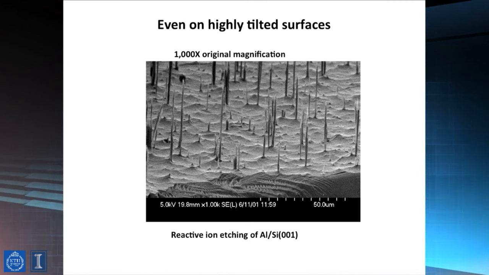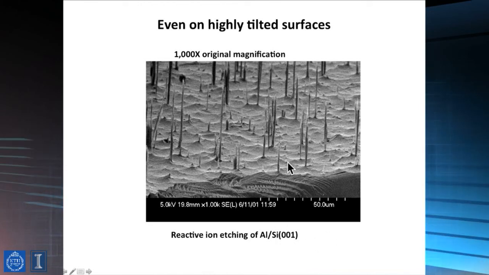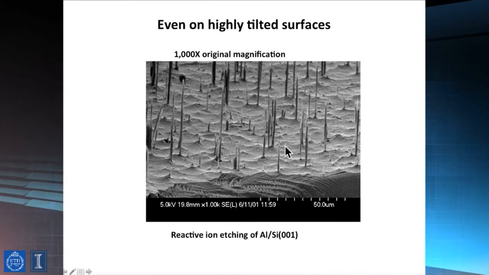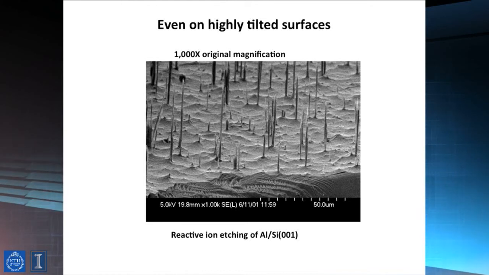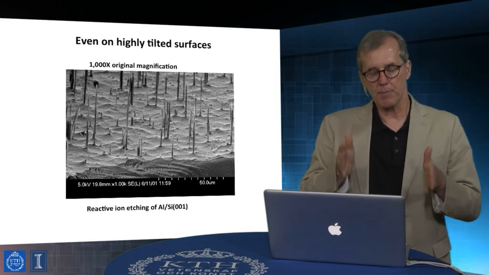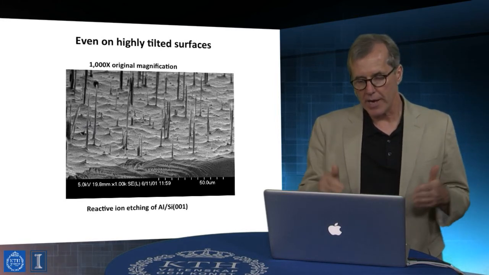This is a sample that has been eroded by reactive ion beam etching, and it turned out that this sample had dilute aluminum impurities on it. It's a silicon 100 single crystal, which has been eroded by reactive ion beam etching. It's an ion-based method for chemically gasifying the substrate, mediated by ion impacts that can basically enhance reaction etch rates.